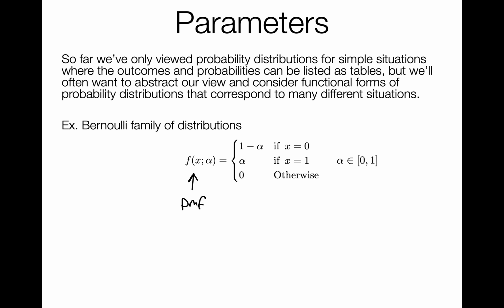In this case, alpha is always the probability of success, because we defined it as such in our piecewise function. Alpha can go between 0 and 1, so it can be any real number between 0 and 1, and that's what I've said over here. This is called the Bernoulli probability distribution. But what I've done in this piecewise function is specify a whole number of distributions, all based on alpha, which we're going to call a parameter.